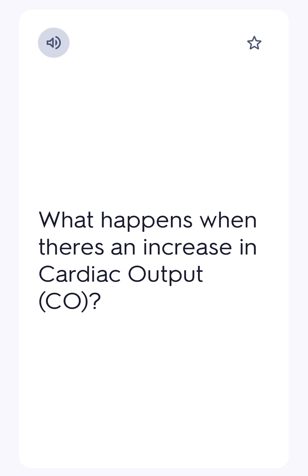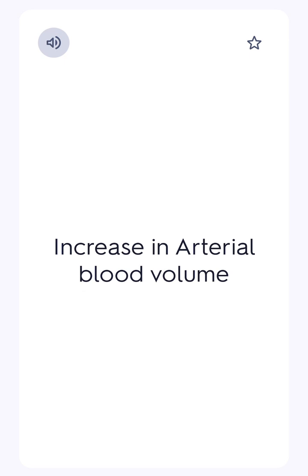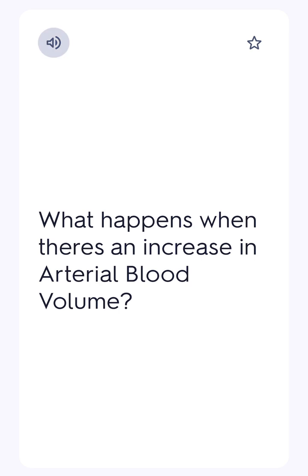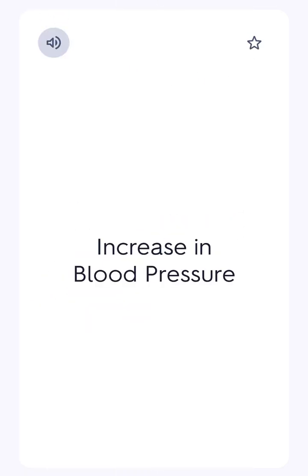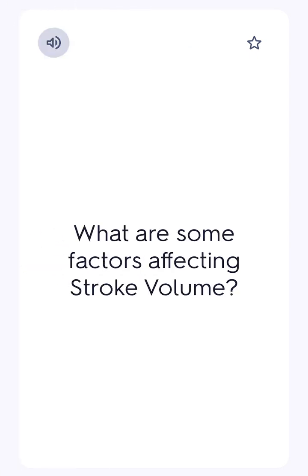What happens when there's an increase in cardiac output? Increase in arterial blood volume. What happens when there's an increase in arterial blood volume? Increase in blood pressure. What are some factors affecting stroke volume?